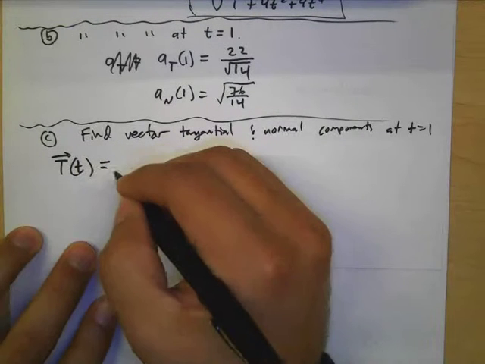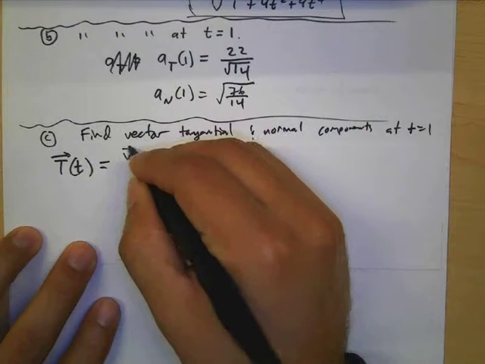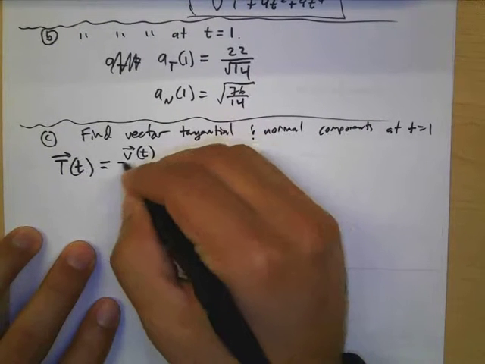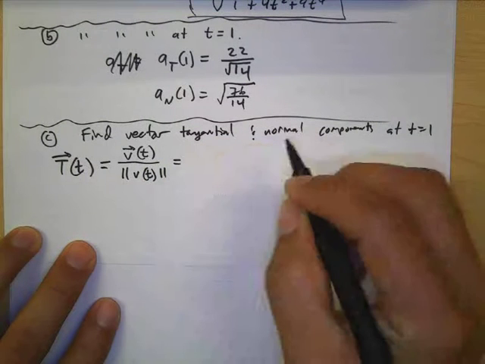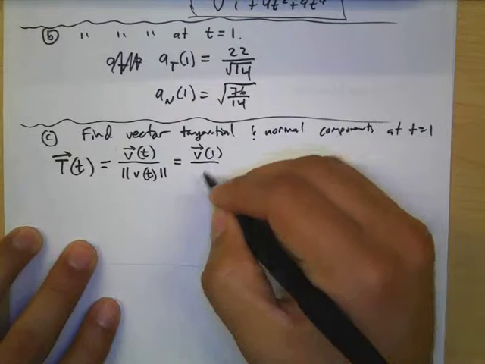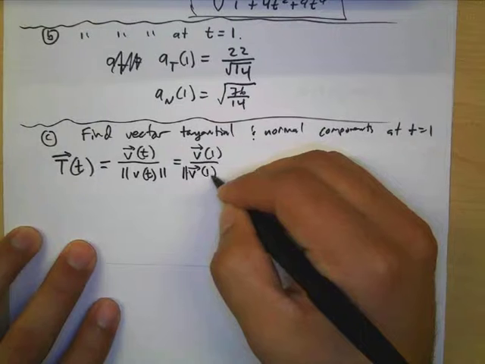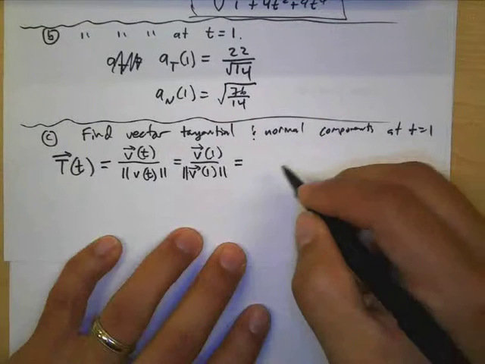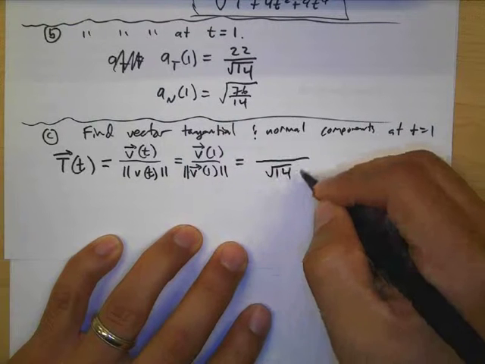In this context, we would write it as v of t over magnitude v, or v of 1, since we're actually plugging in 1, over magnitude of v of 1. Well, we already have the denominator, that's root 14.